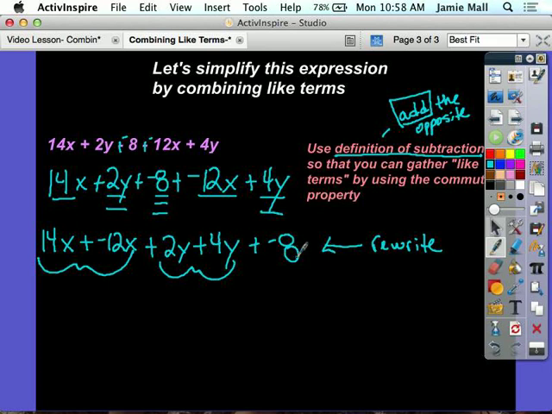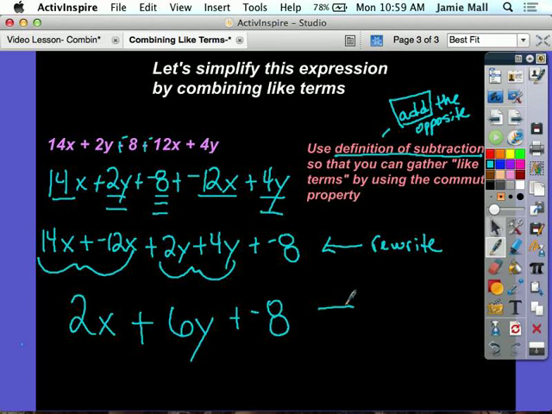So 14x plus negative 12x becomes one term, and that is 2x. 2y plus 4y goes from 2 terms to 1 and becomes 6y. And the negative 8 doesn't have anybody to combine with, and so we leave it like that.